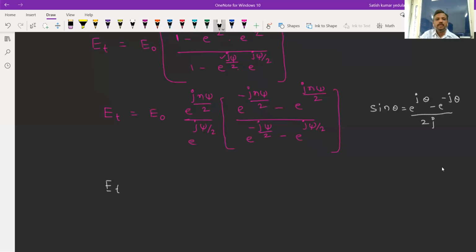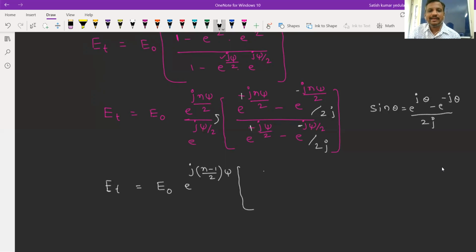Then Et is equal to E naught into, bringing this term to the numerator, e power j into n minus 1 by 2 into psi. Yes, this is right. And by 2j you arrange. Then take out minus common, because it is e power j theta minus e power minus j theta. If you take minus common, I am multiplying both numerator and denominator by minus, and you will get this.